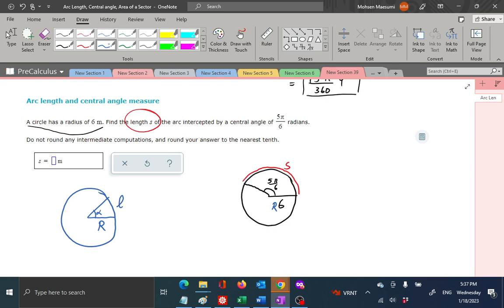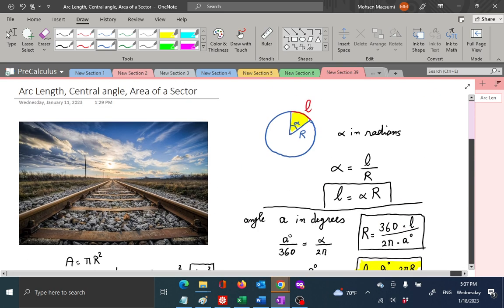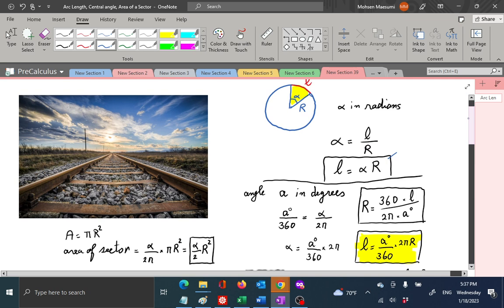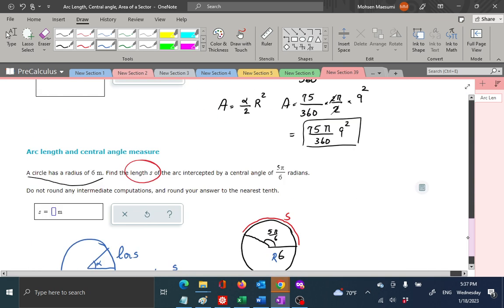Sometimes they use the letter S. It would have been more natural to call it L for length, but it's customary to refer to length by the letter S. So in this formulation, alpha is S over R, or S is equal to alpha times R. This is nothing different from what we had at the beginning. We had called it L. Now the book likes to call it S, whatever.